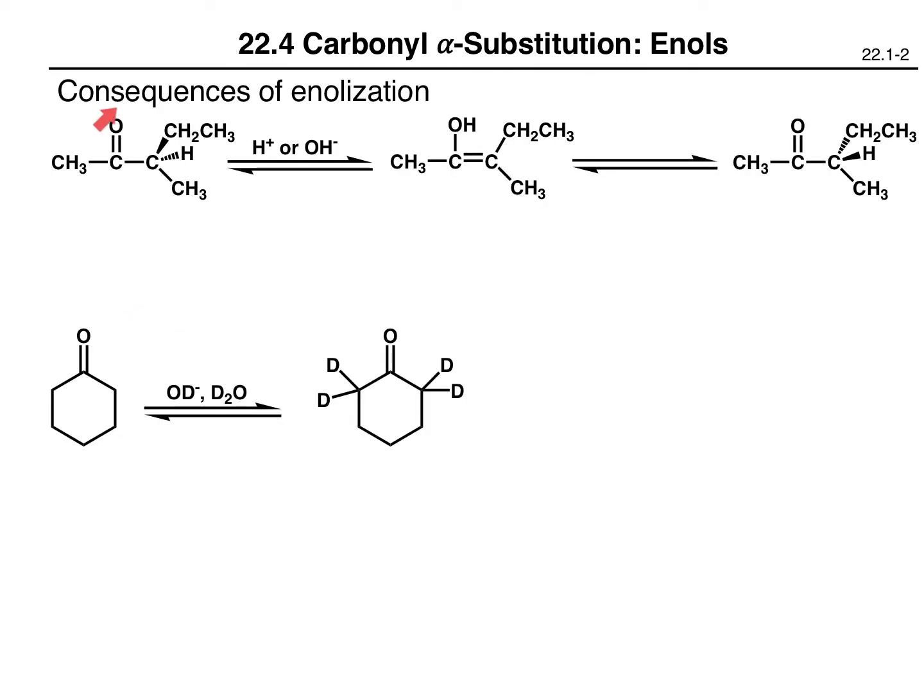Next, let's think about some consequences of enolization. Let's say we have a ketone that has a chirality center adjacent to the carbonyl. Well, if this is exposed to a little bit of acid or a little bit of base, then this can isomerize to form the enol.